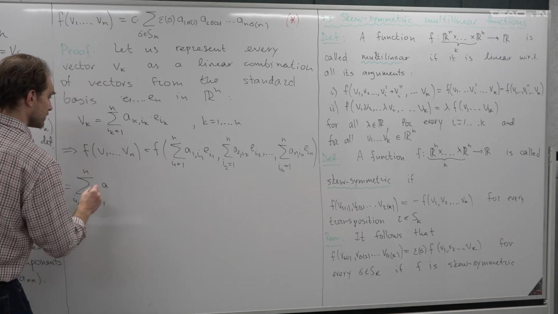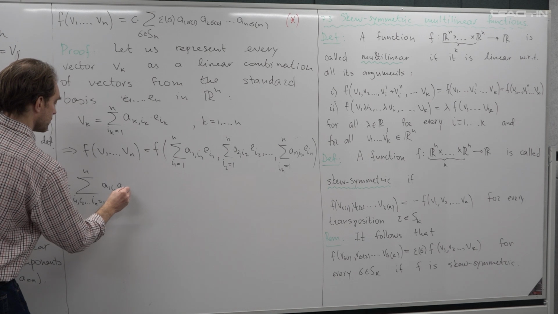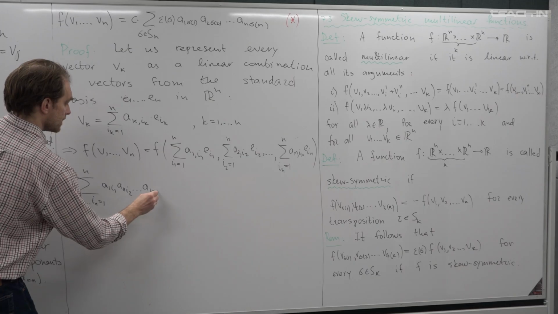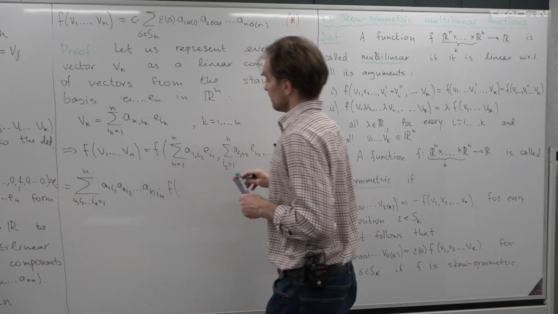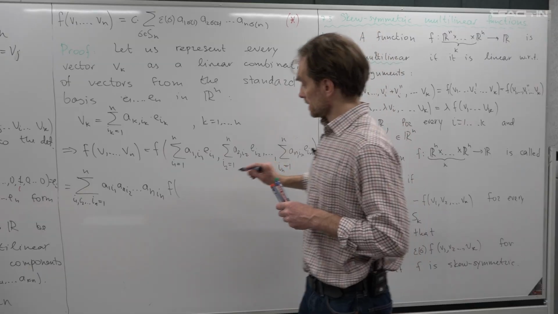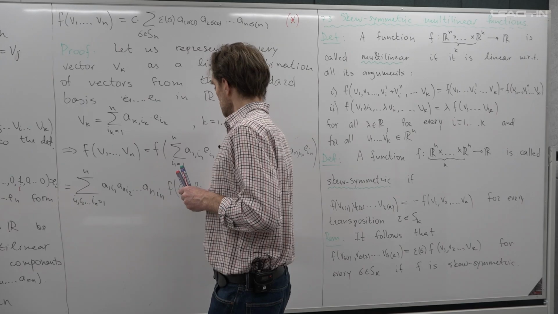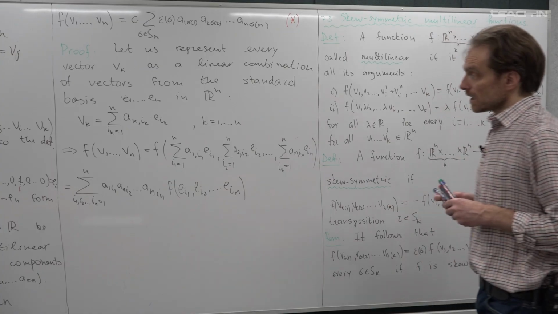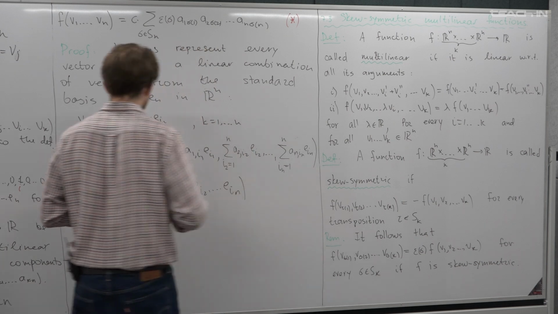So here we get the set of coefficients a sub 1 i1, a sub 2 i2, etc., a sub n in, multiplied by the value of the function on the set of vectors from the basis, e sub i1, e sub i2, etc., e sub in. Okay, so this is what we get. This directly follows from the definition of multilinearity.